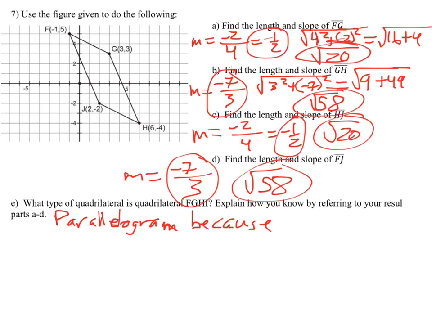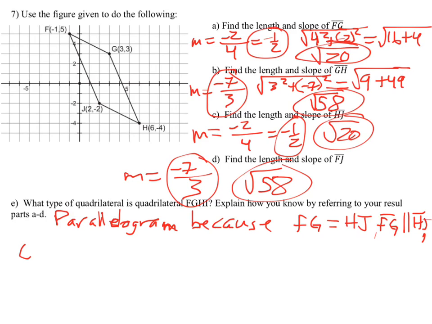because, and we'll start writing down some of the things, FG is going to be the same as HJ, and they're parallel, so FG is parallel to HJ, and the other pair of sides are equal and parallel.